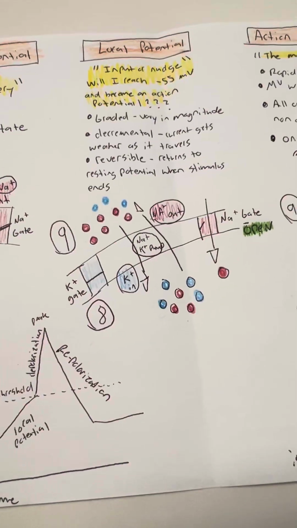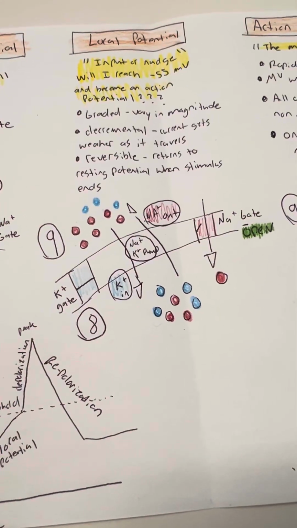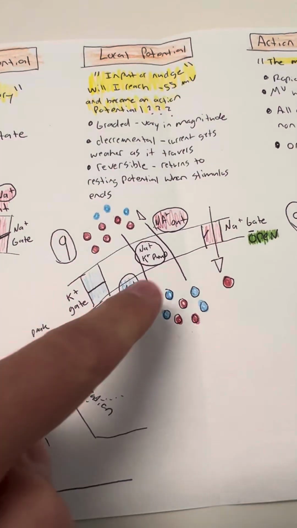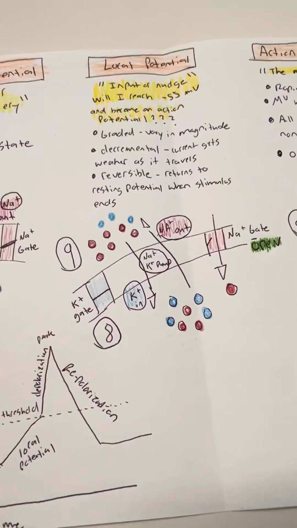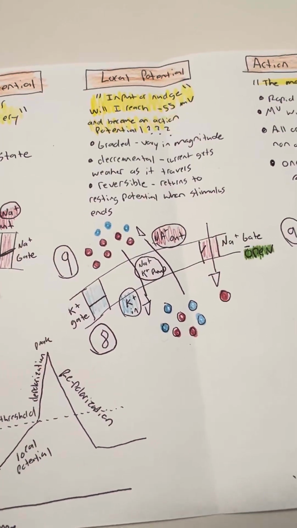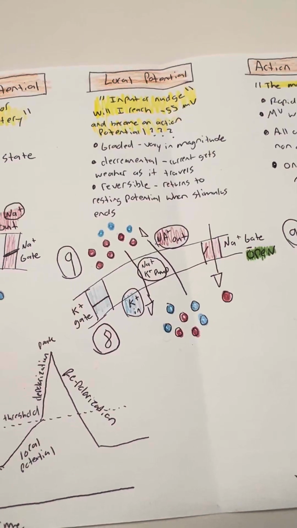So in terms of what that looks like with the ions inside and outside of the cell, you always have the sodium-potassium pump doing its thing, which is always going to lead to more sodium going out than potassium coming in.